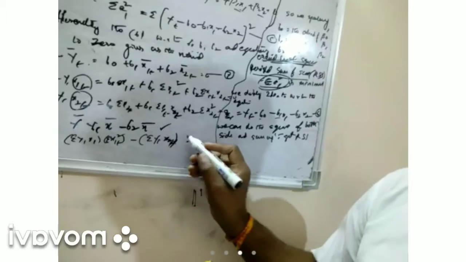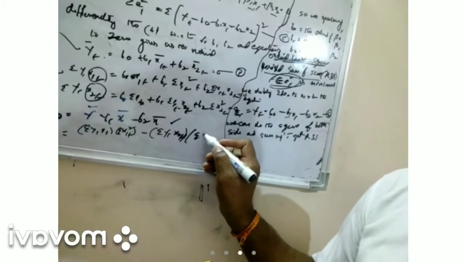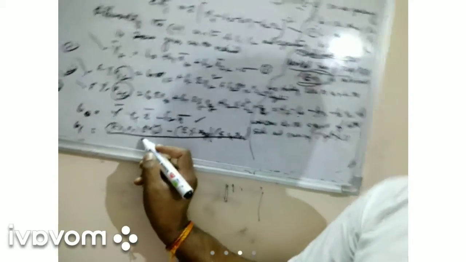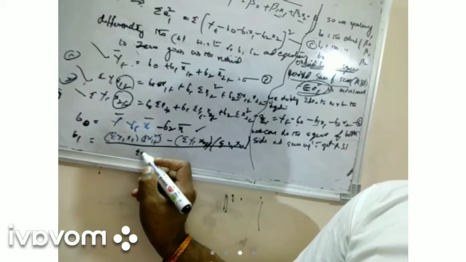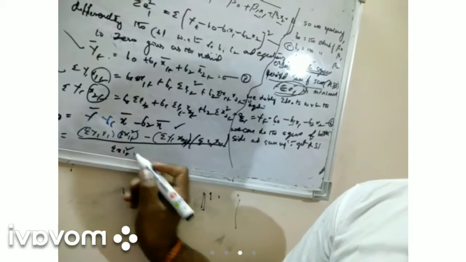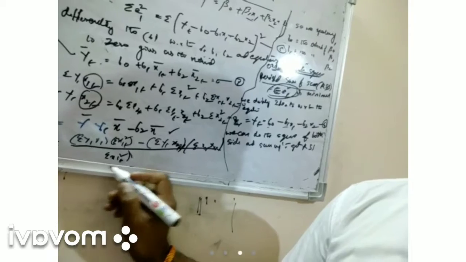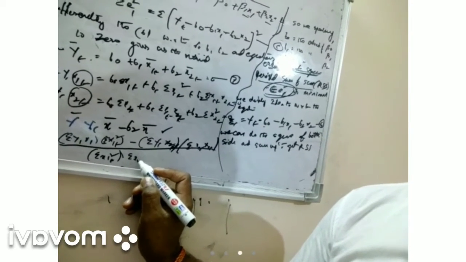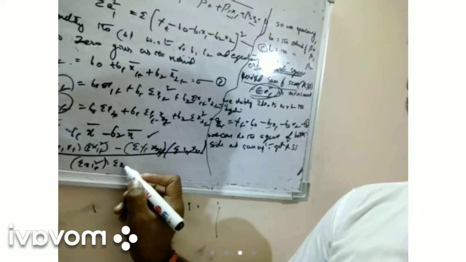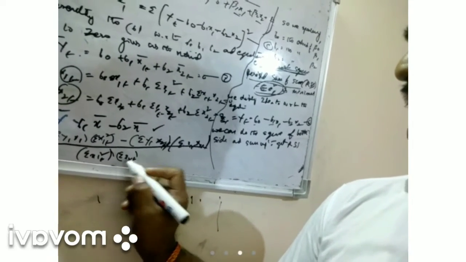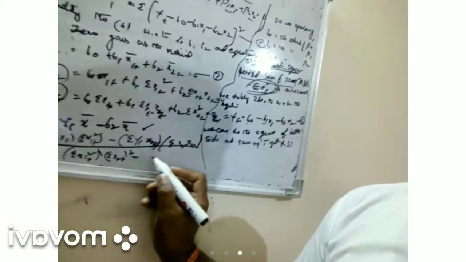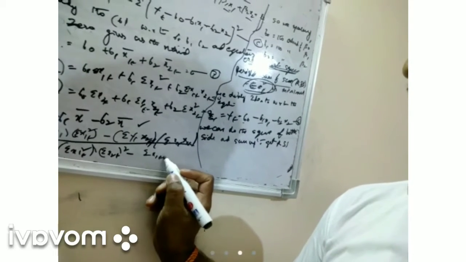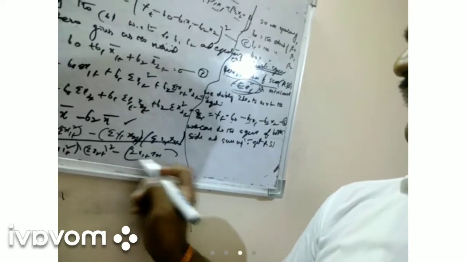divided by, take all the things, sigma x1t whole square into sigma x2t whole square minus sigma x1t x2t whole square.